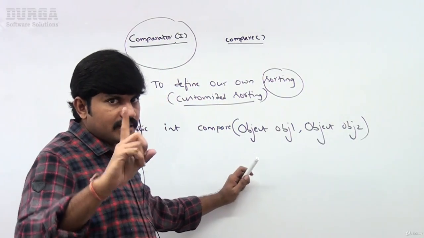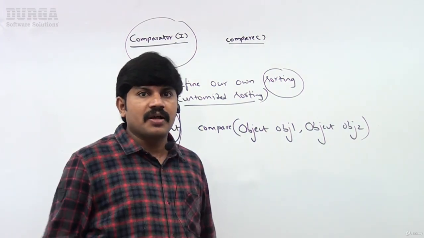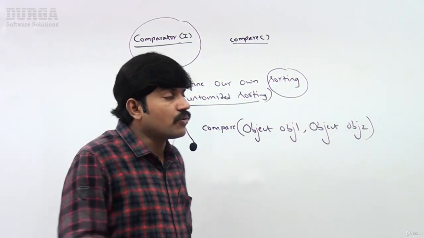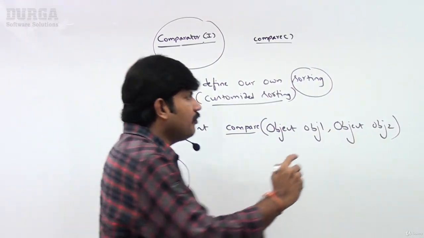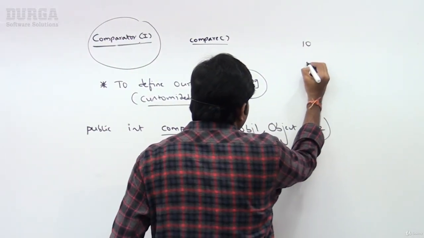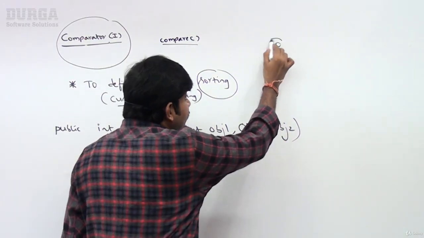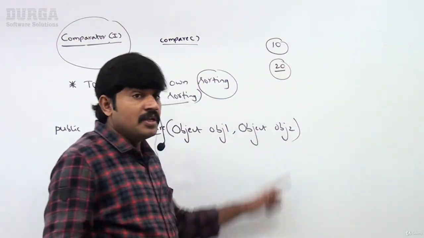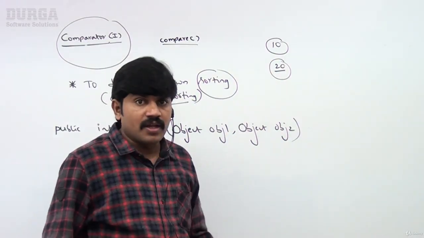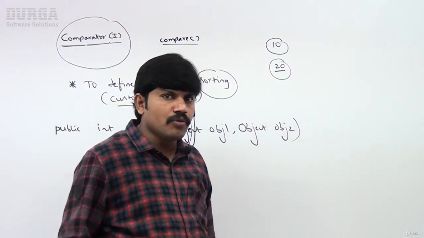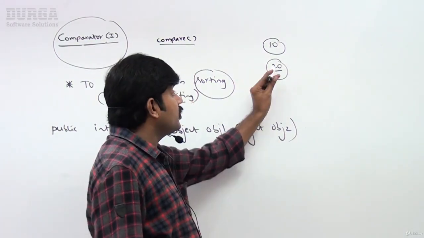While defining sorting, to place our objects in sorted order, the JVM is always going to use the Comparator compare method. Suppose first I provided 10 and second I provided 20. Now, does 20 have to come after 10, before 10, or are both equal? Being a human being, you know that in ascending order 20 should come after 10.